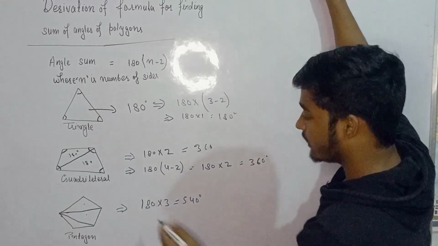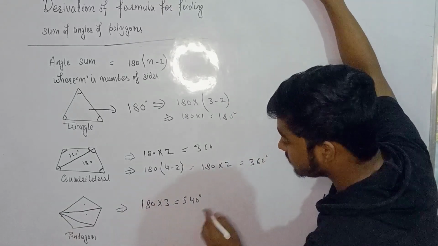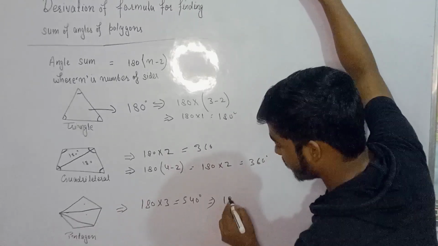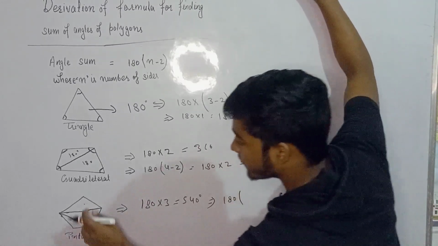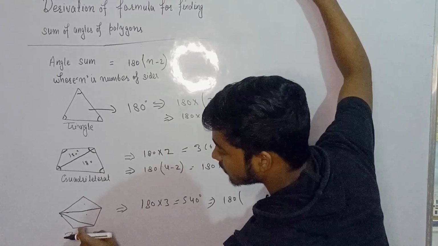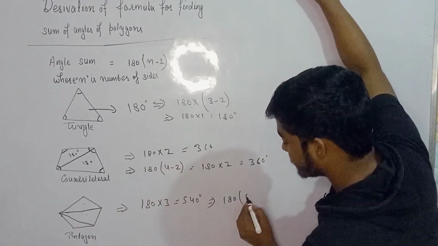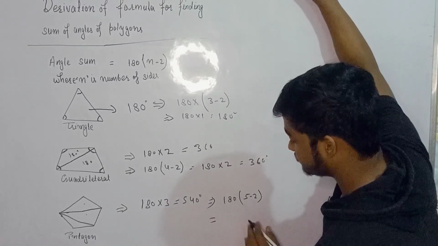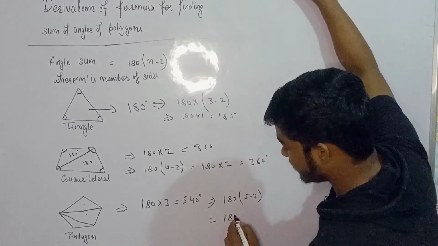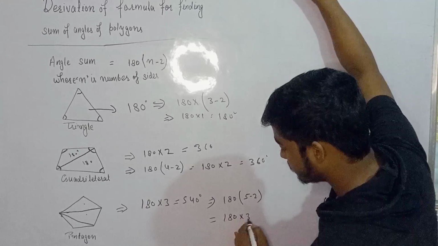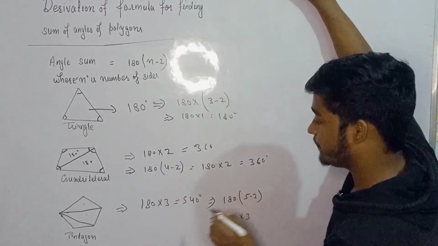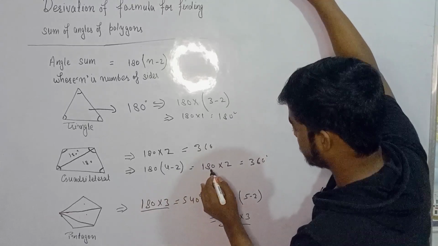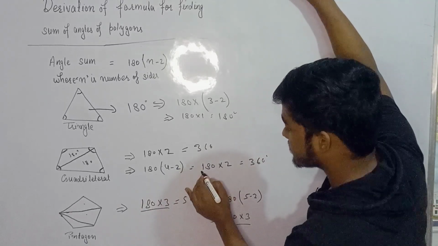Then what can we do here? Here are three triangles. How many sides are there in this pentagon? 5 sides. 5 minus 2 is 3, so 180 into 3.